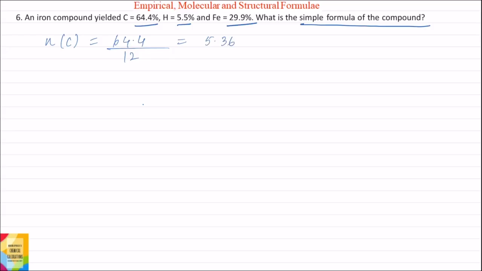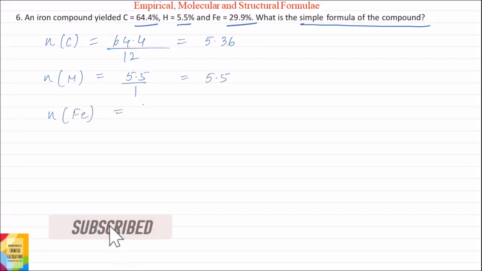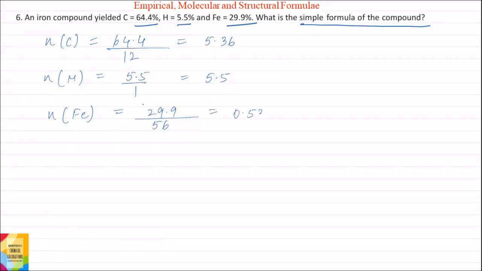Moles of hydrogen will be equal to 5.5 divided by 1 and this is equal to 5.5, and moles of iron will be equal to 29.9 divided by 56 and this is equal to 0.534. So this is the number of moles.